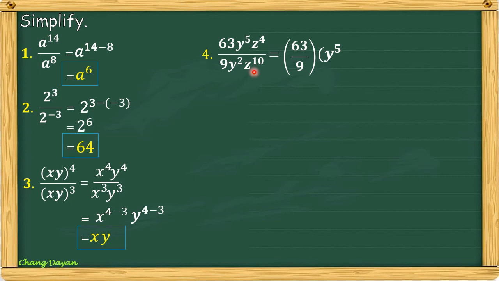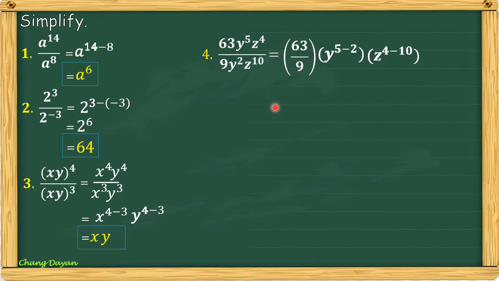Next, get the difference of the exponent of y. So, we have y to the 5th minus 2. Ganun din sa z. So, we have z raised to 4 minus 10. So, ima-minus lang natin ang exponent ng numerator sa exponent ng denominator.